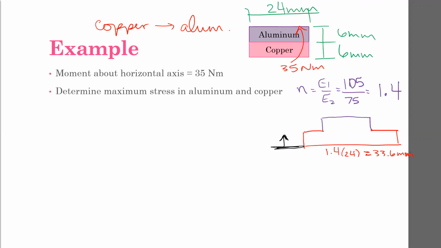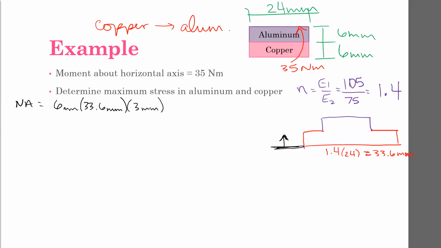Okay, so to calculate the neutral axis, which is at the centroid, we'll take y bar times area. So for the bottom shape, we have 6 millimeters times 33.6 millimeters multiplied by 3 millimeters. The first two numbers give me the area.